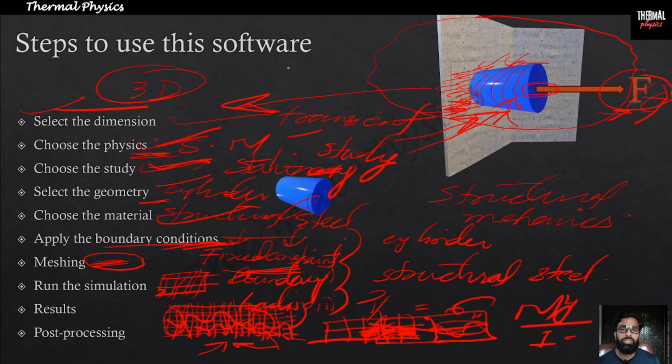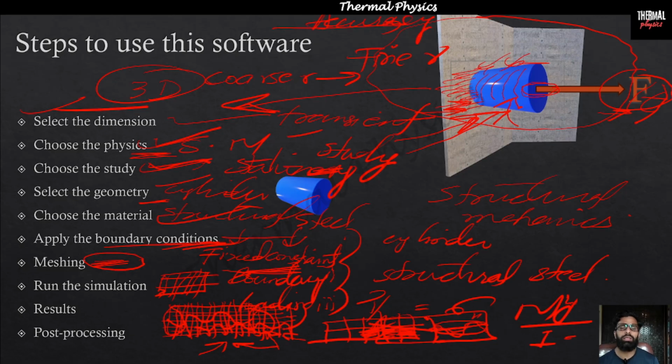So for meshing we go from coarser to finer, and in this direction the accuracy increases. The results get more accurate, and the software captures more and more detailed stress or temperature gradients.